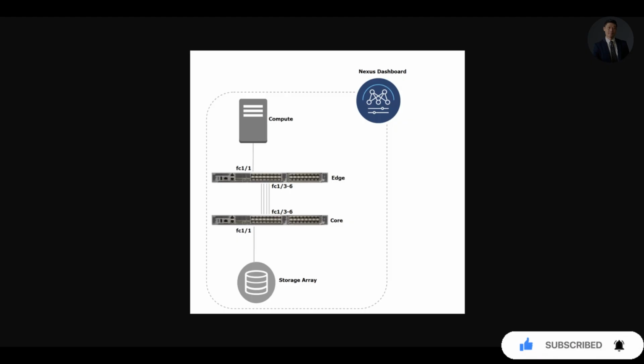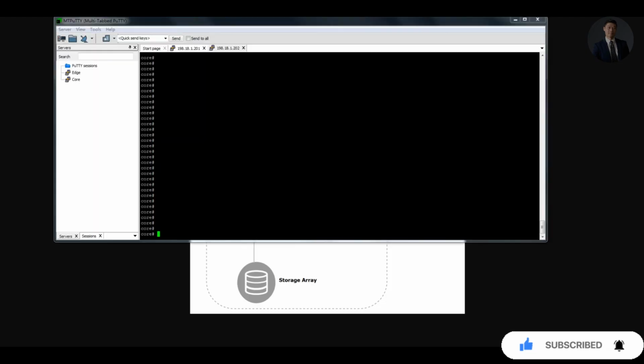Going to the core and entering global configuration mode, we're going to say feature nxapi, and we're going to enable the web-based developer sandbox, nxapi sandbox, nxapi https port 443, and nxapi http port 8080.